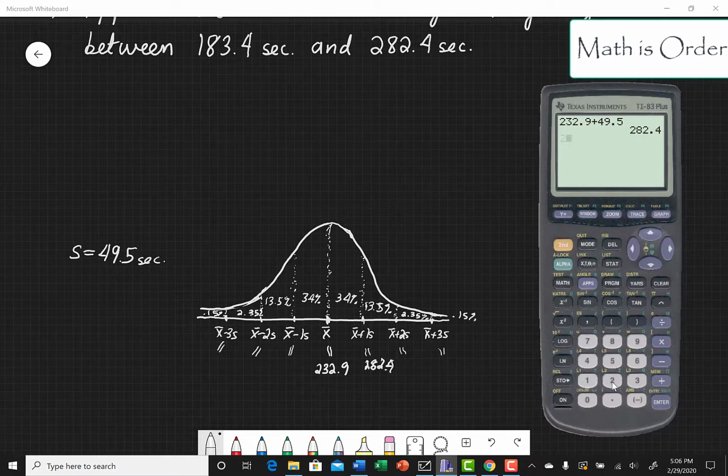And 232.9 plus 2 times 49.5 gives us 331.9.